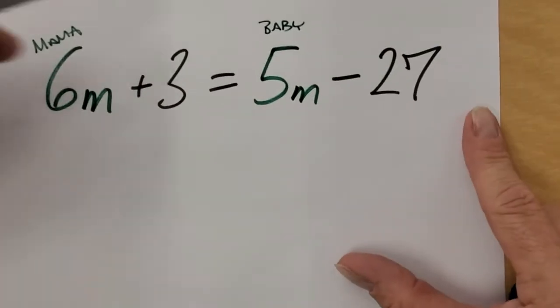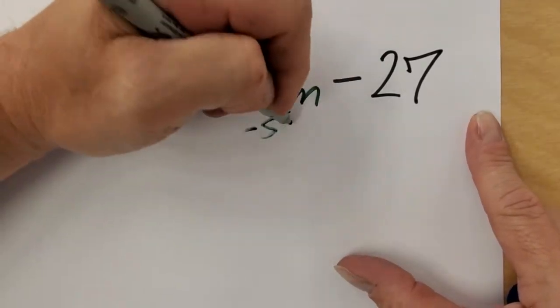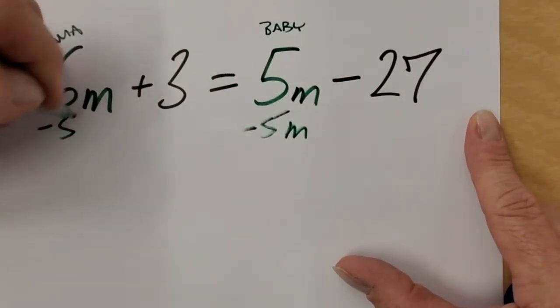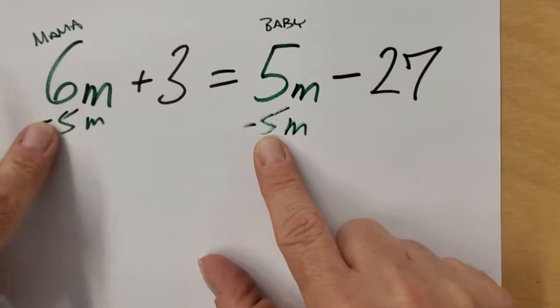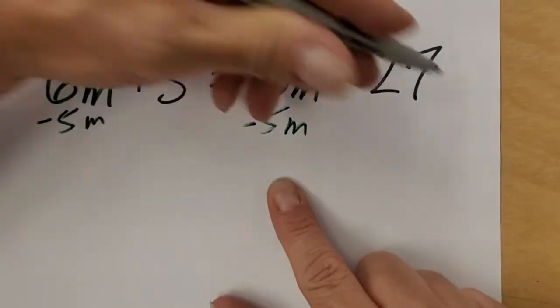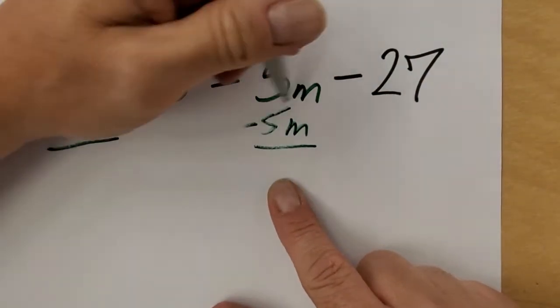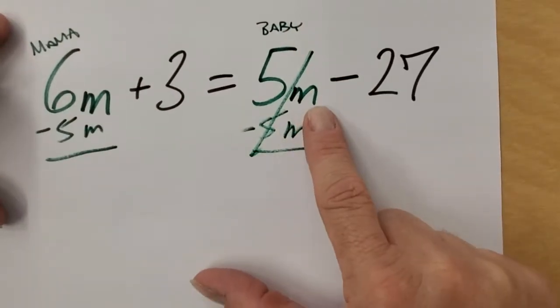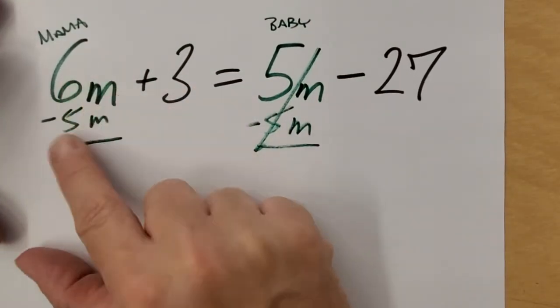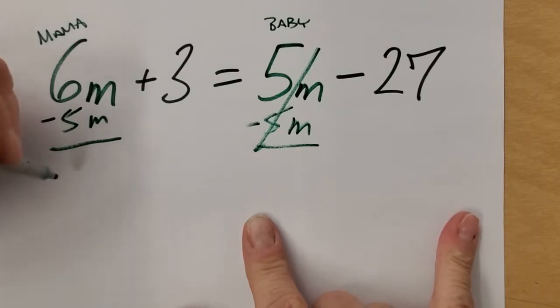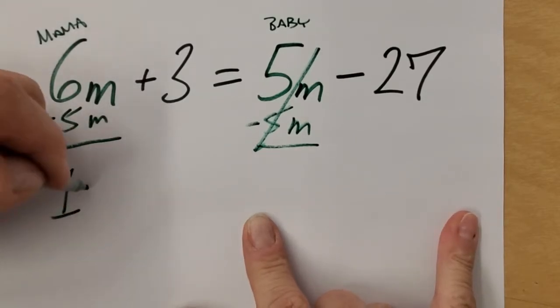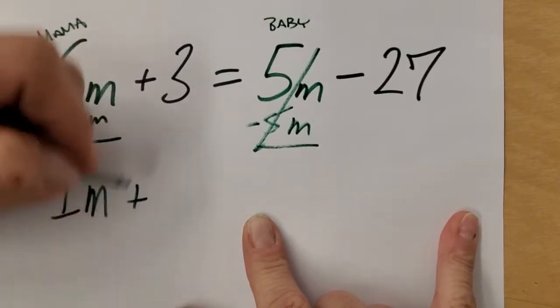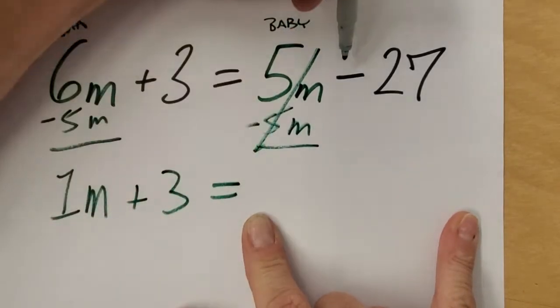So we're going to bring baby to mama. Bye-bye, baby. Hello, mama. You can do the same thing to both sides. The opposite of positive is negative. Bye-bye, hasta luego. Bye-bye, baby. And we're left with 6m minus 5m is 1m. I don't usually write the 1, but I'm writing it for some reason. Plus 3 equals what?